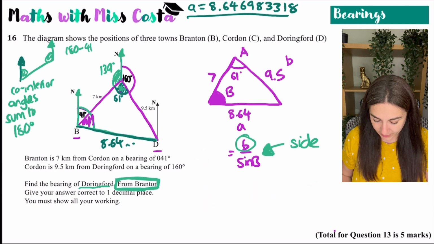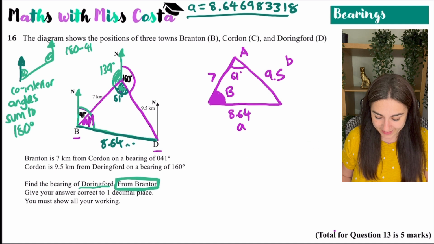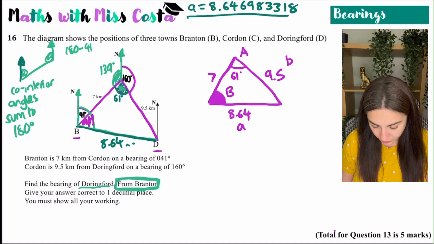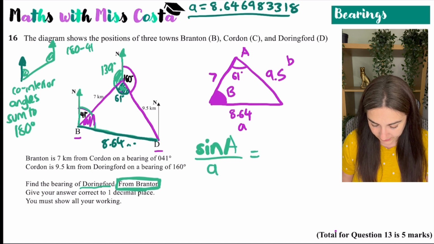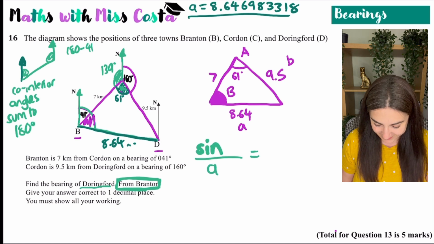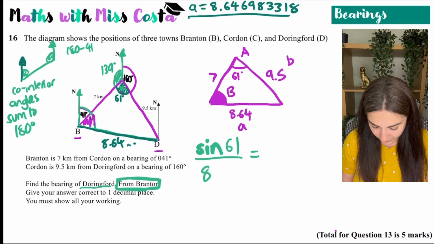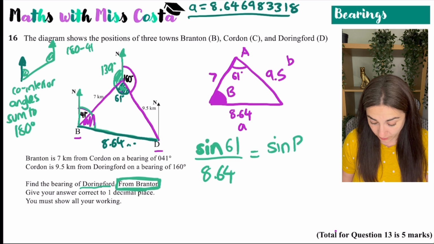It's just a helpful hint to know. So I'm trying to work out the angle, so I'm going to use the second version where the angle is on top. So sine A over A is equal to, substituting, sine 61 over 8.64 is equal to sine B, which I don't know, this here, over 9.5.